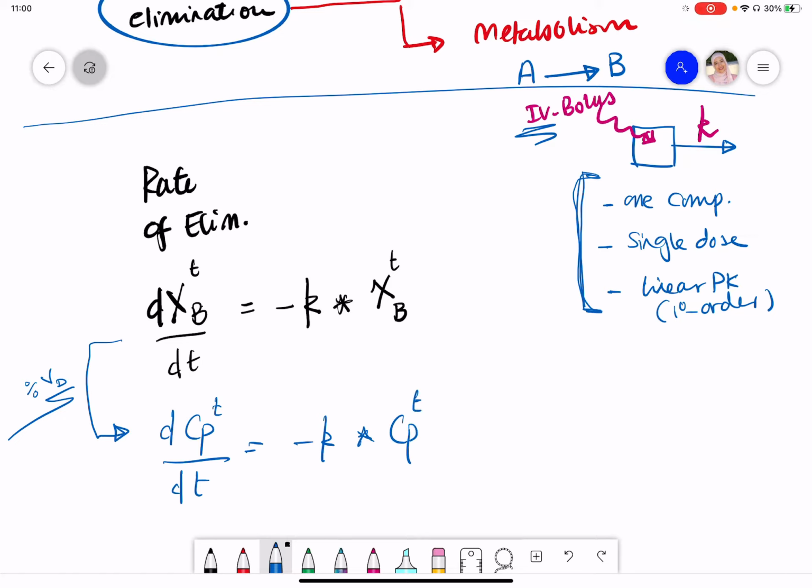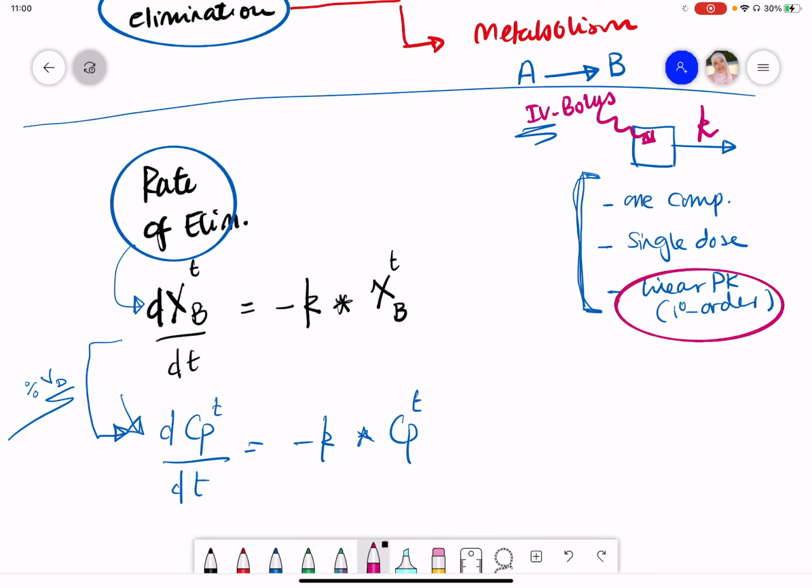This is rate of elimination in amount terms, and this is rate of elimination in concentration terms, right? And again, for sure, we are still talking about first order kinetics.